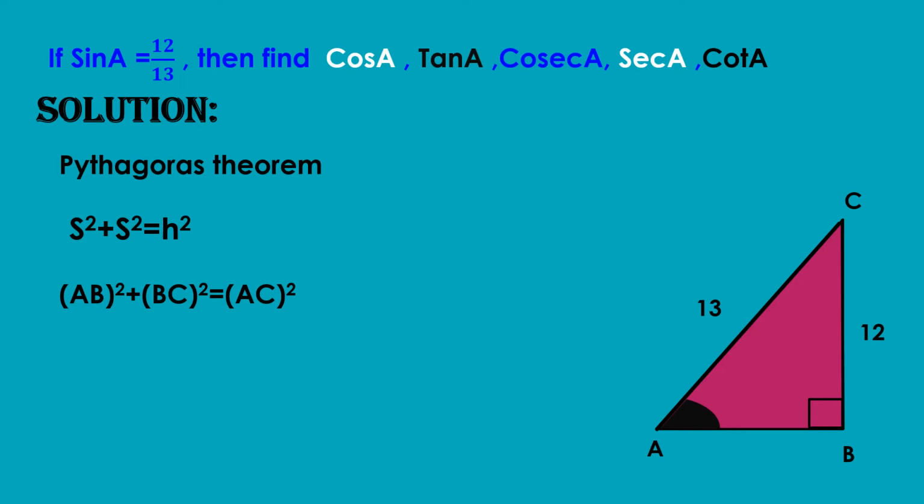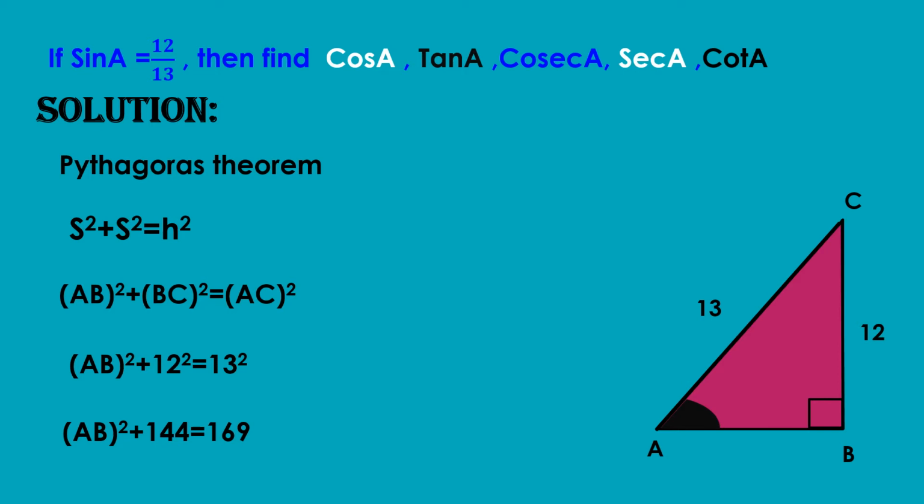Instead of BC, substitute 12, and for AC substitute 13. That is AB square plus 12 square is equal to 13 square. We know that 12 square is 12 into 12, 144. 13 square means 13 into 13, 169. That means AB square plus 144 is equal to 169.